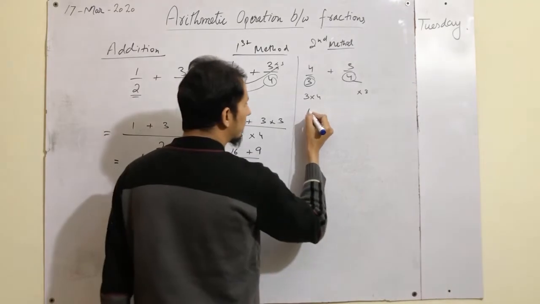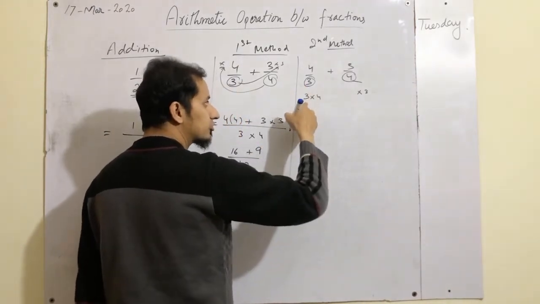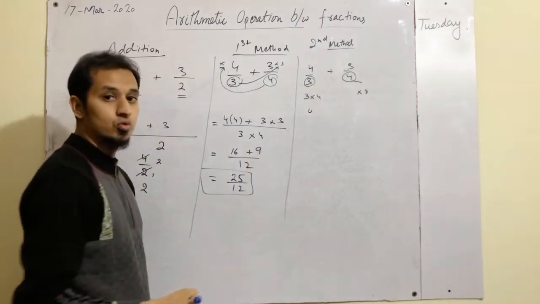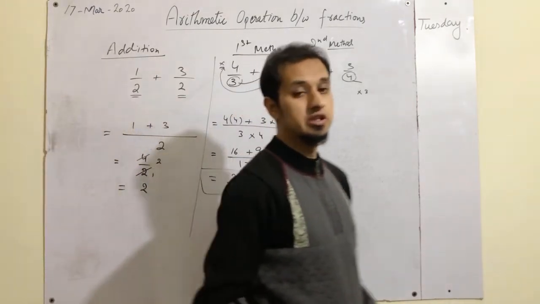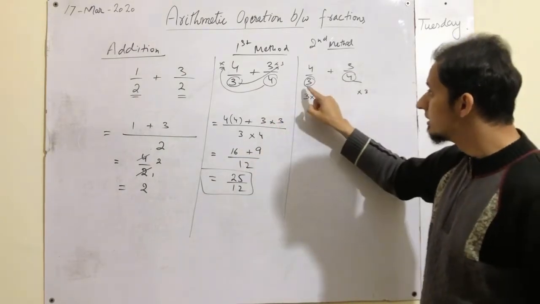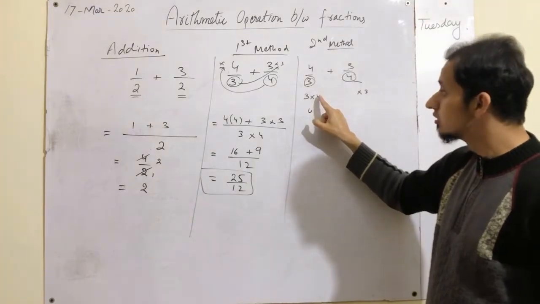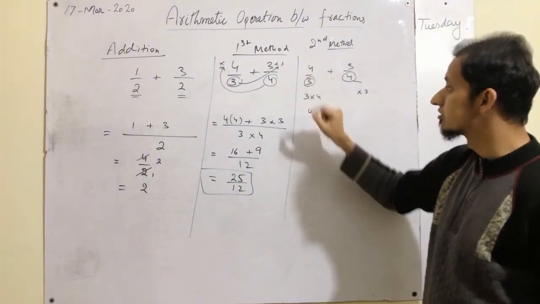If I multiply 3 by 4, this is the rule you should understand. What is the rule? If I multiply 3 by 4, we must multiply 4 by 4 as well.